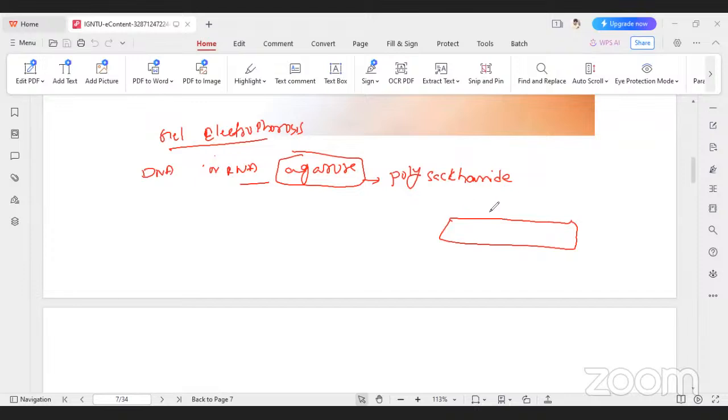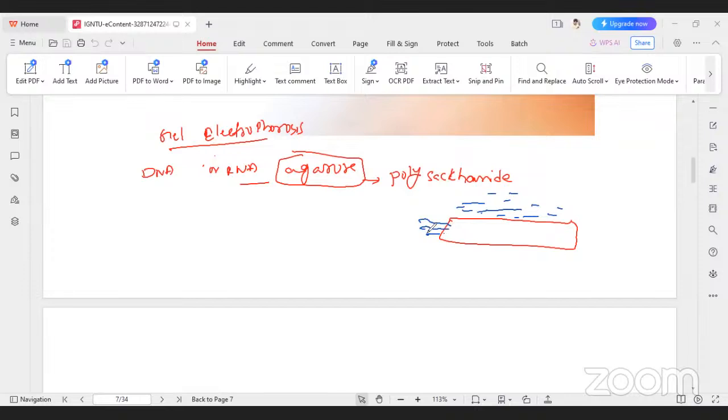We have different lengths of DNA fragments, and these samples are pipetted into the agarose wells, followed by the application of electric current.